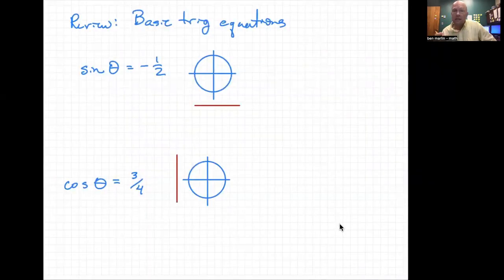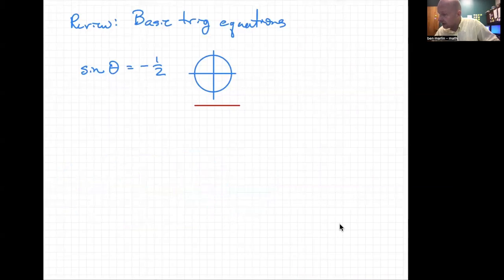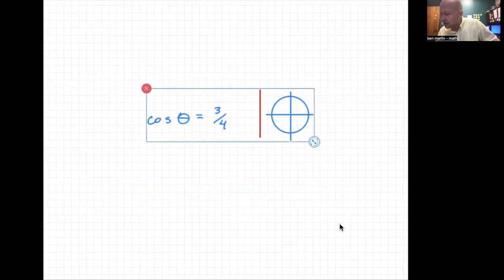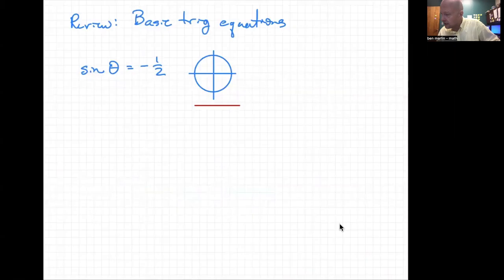So our next thing that we're going to have to talk about here is the basic trig equations. I'm going to split this up into 2 pages and come back over here. All right. So our basic trig equations, we have sine or cosine or tangent.